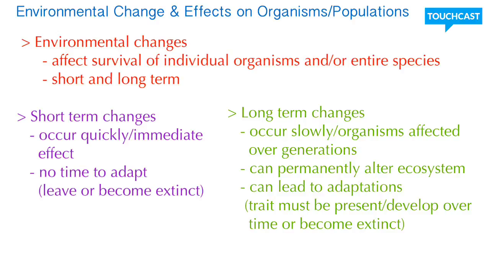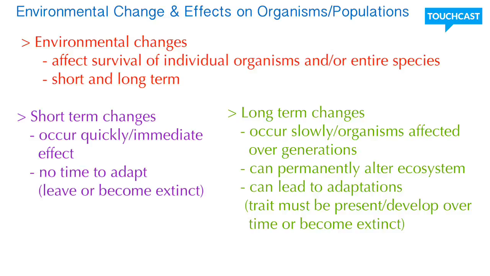We're now moving on to our third topic, which is focused on environmental change and how that affects organisms and populations. So, first you need to understand what an environmental change is. That's any change in the environment that has an effect on the survival of the organisms within that environment. We have both short and long-term environmental changes.